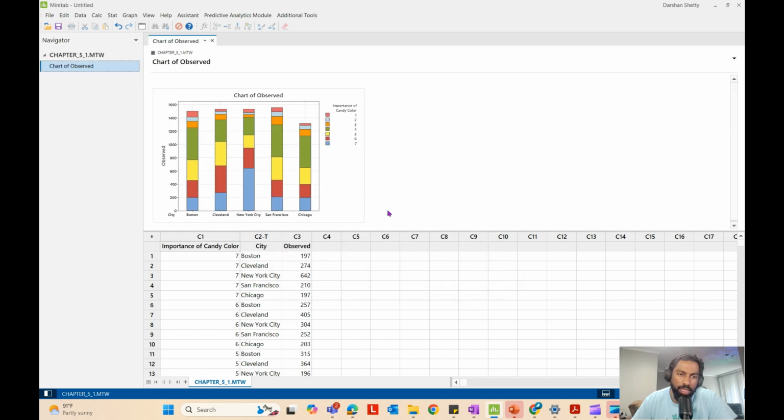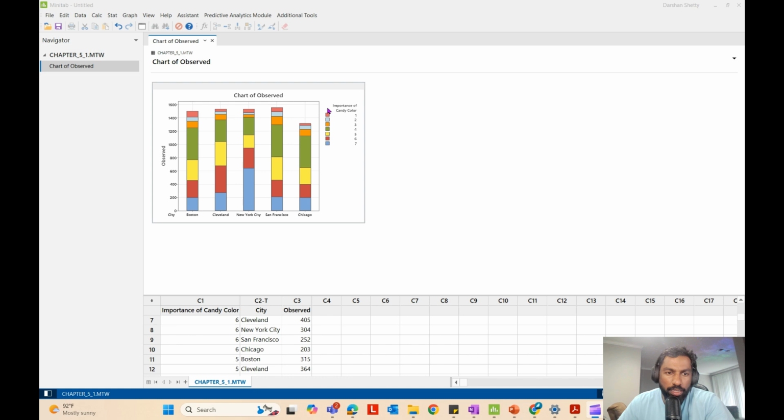and there you will see a nice bar graph with each bar being one of the 5 cities and the bar being divided into the ratings. Blue represents the rating 7 and pink represents rating 1.